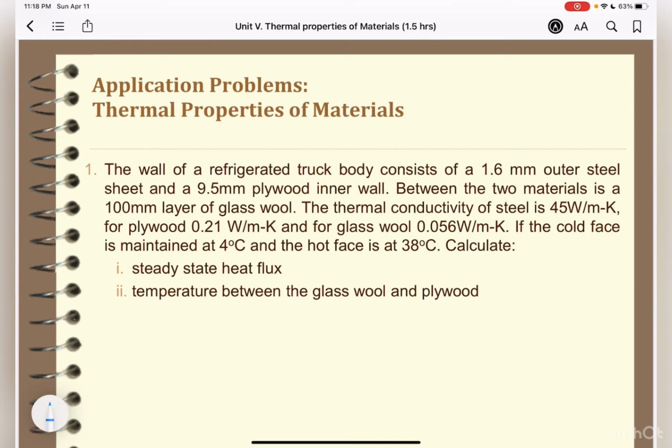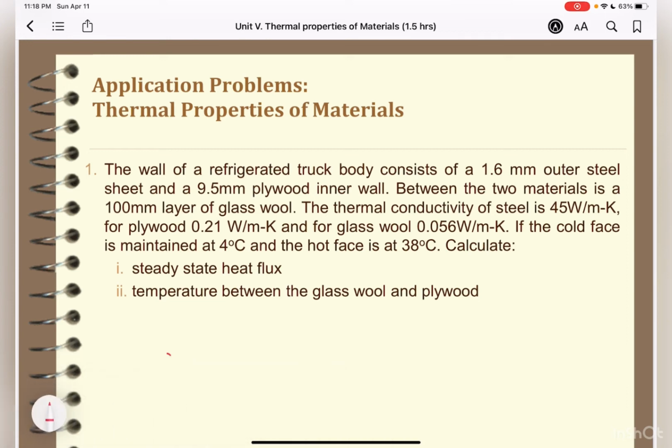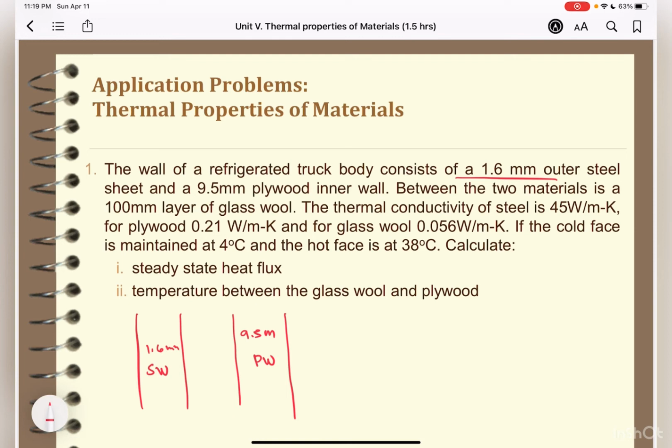Okay, so we have here, assuming, as I said earlier, the wall of a refrigerated truck consists of 1.6 millimeter steel sheet or steel wall and a 9.5 millimeter plywood.